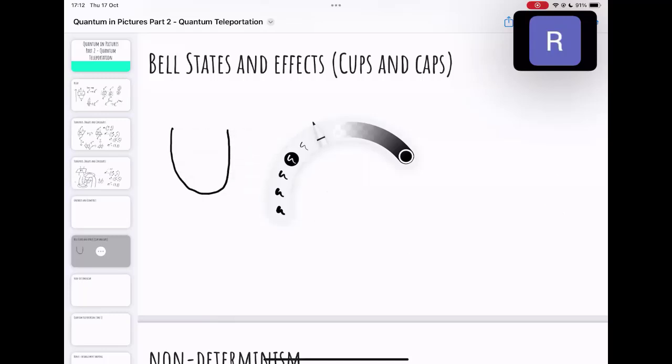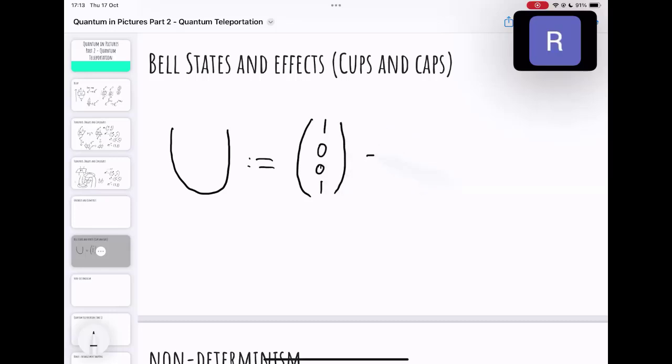When you draw a box like this with no input wires and two output wires coming out, and the box is drawn using just wires, we're actually representing something that is known as the Bell state. So in linear algebraic terms, it's written out like this. In bracket notation, it's written out like this.